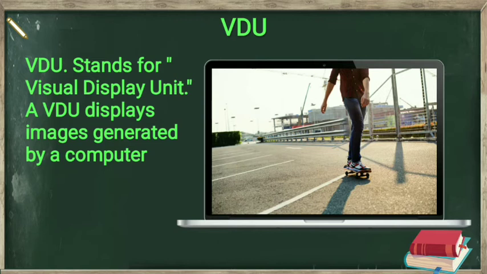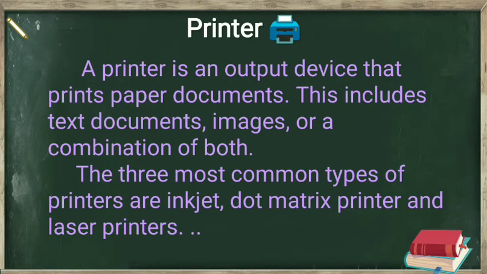This is a printer. The printer is an output device. It is used to get the work that is stored in a computer printed on paper. It prints paper documents. This includes text documents, images, or a combination of both.